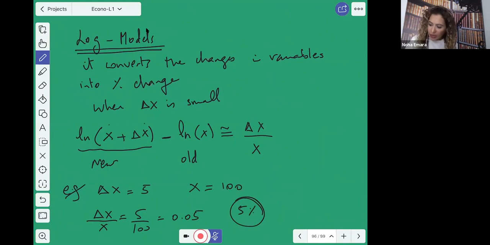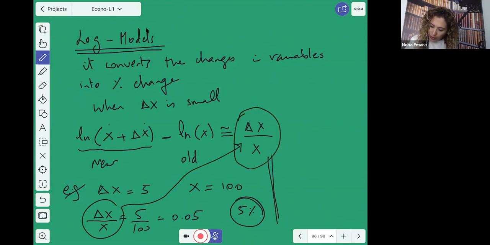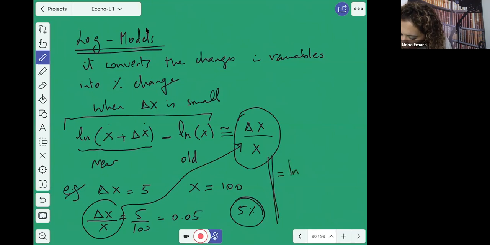You can do the same exact thing if you use the rule. So whatever you have here is actually this thing. And I said that this ratio is approximately equal to this subtraction, or this formula. So I can repeat this by saying it has to be equal to log 100 plus the change minus the original value of 100, right? So that means it has to be the same as the natural log of 105 minus the natural log of 100.